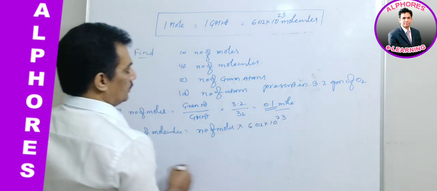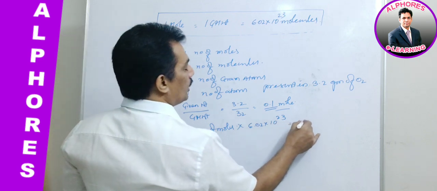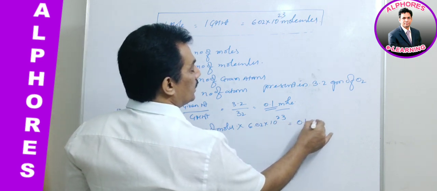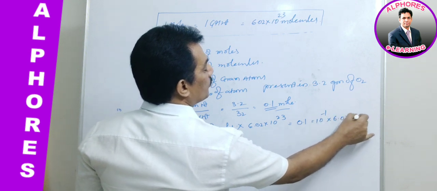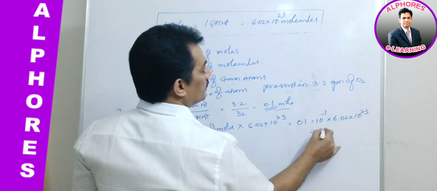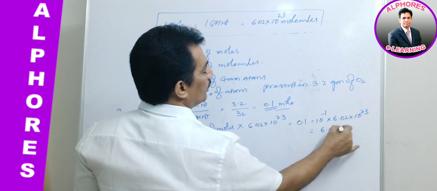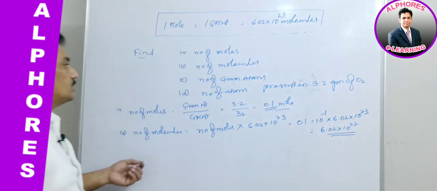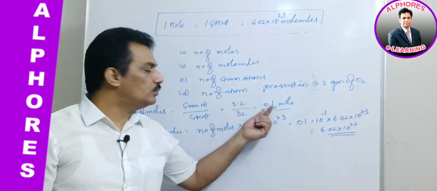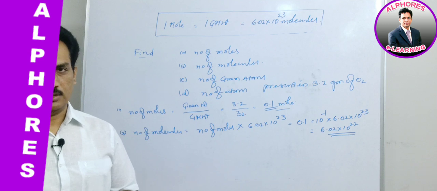So it is now 0.1, that is 10 to the power of minus 1 into 6.02 into 10 to the power of 23, that is equal to 6.02 into 10 to the power of 22, the number of molecules present in 3.2 grams of oxygen.